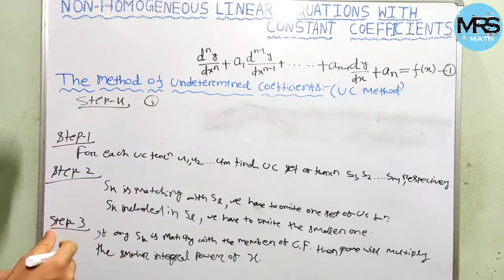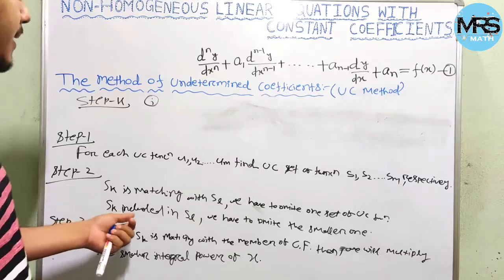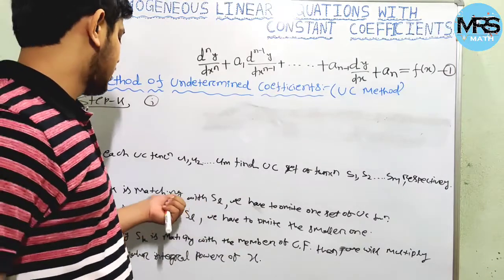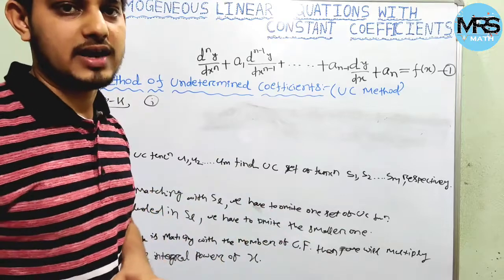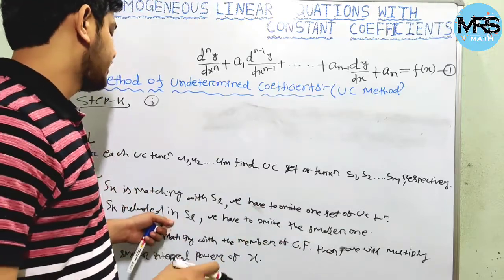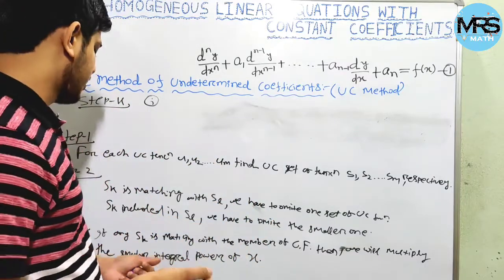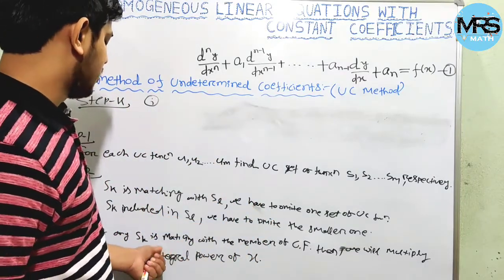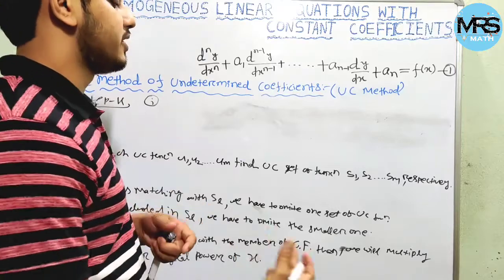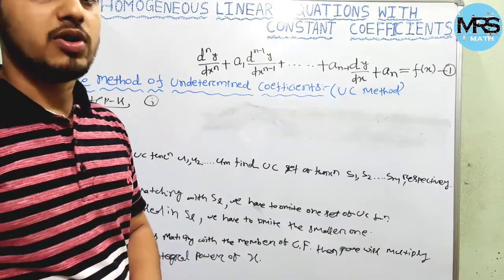It may happen that a UC set will not match with another UC set, or will not be included in another UC set, or is not a member of the complementary function.